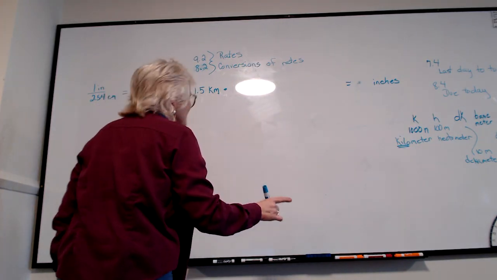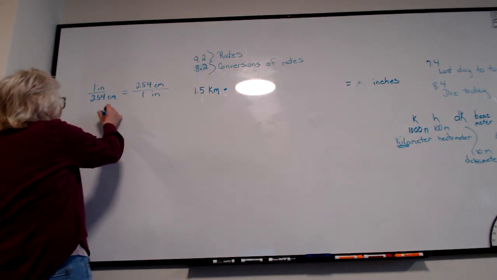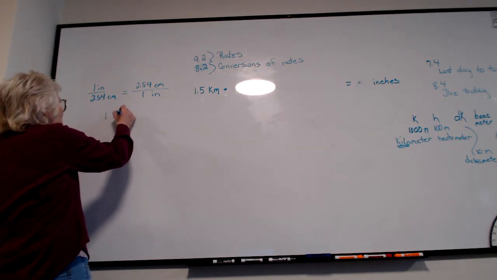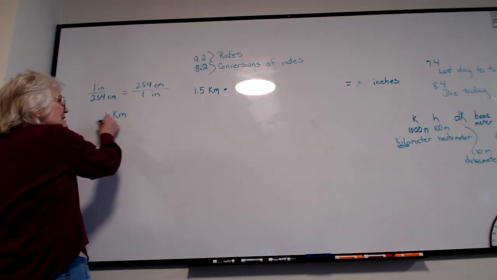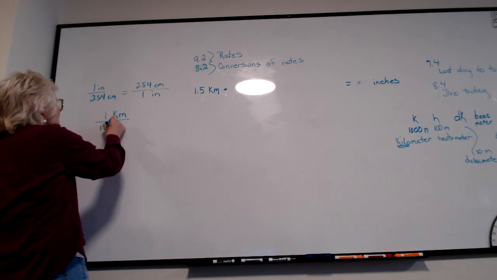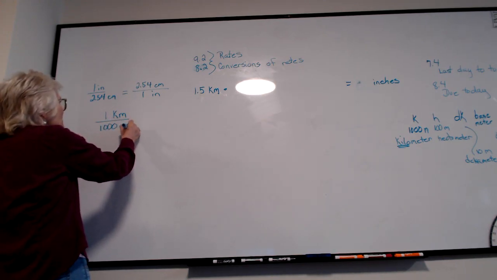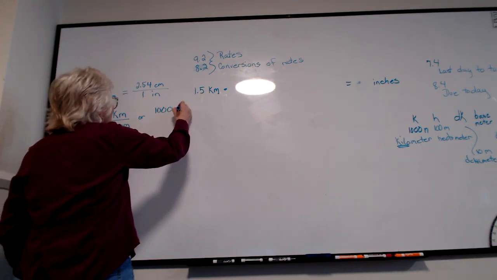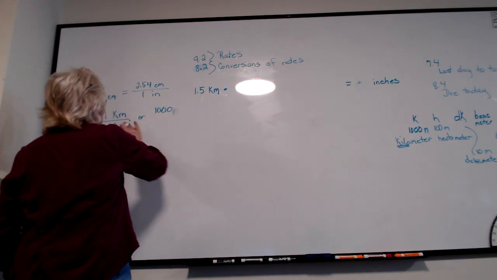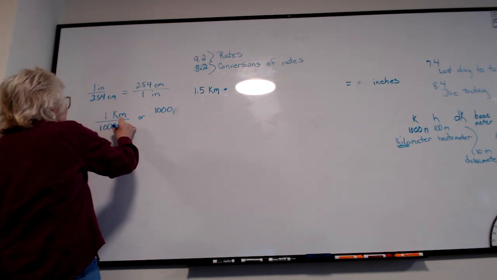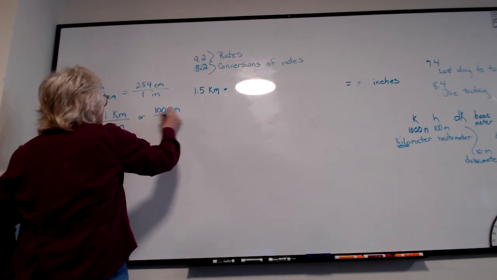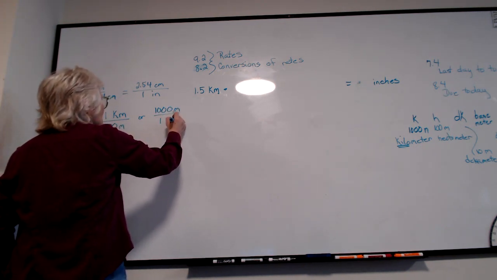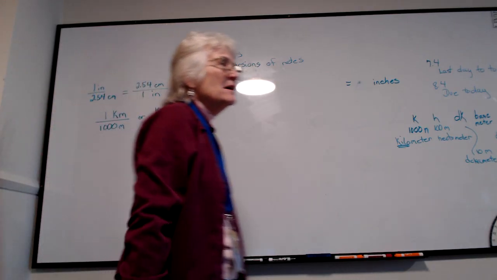Let's look at what it says. 1 kilometer is equal to 1,000 meters, or 1,000 meters equals 1 kilometer, okay?